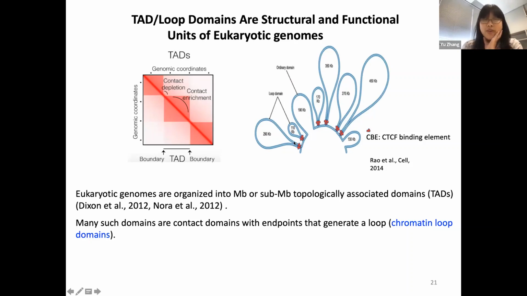And it was further found that many of these TADs are contact domains that have endpoints with pronounced interactions and therefore generate a loop. They are called chromatin loop domains. They have been found to be structural and functional units of eukaryotic genomes and are implicated in many important biological activities, including replication, transcription, and gene repair.